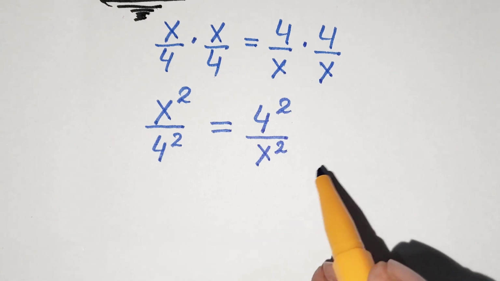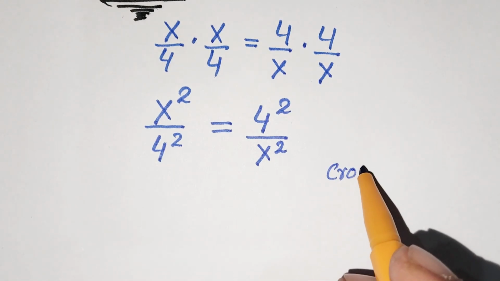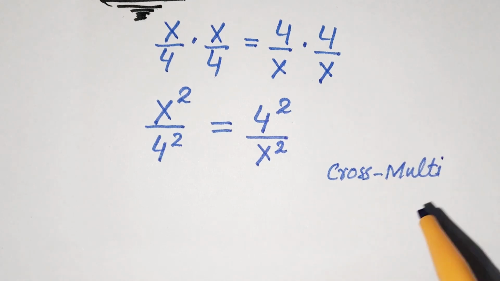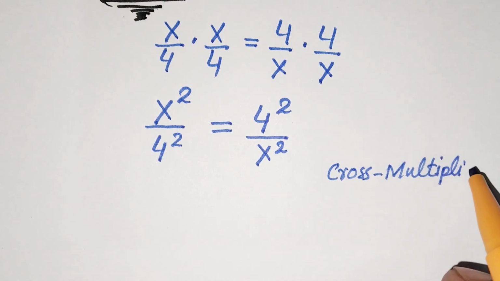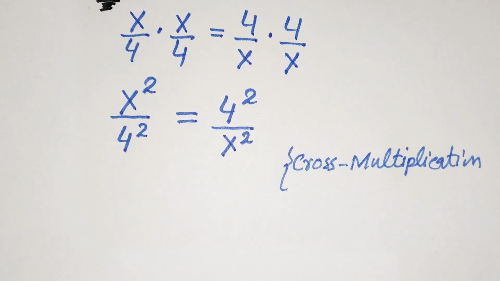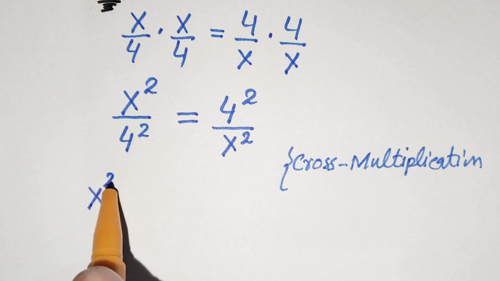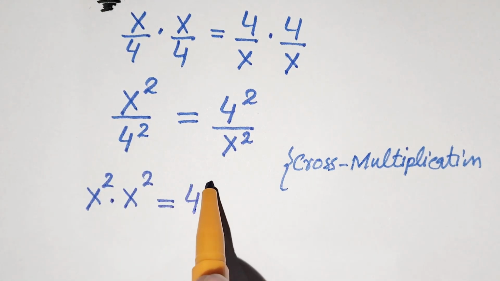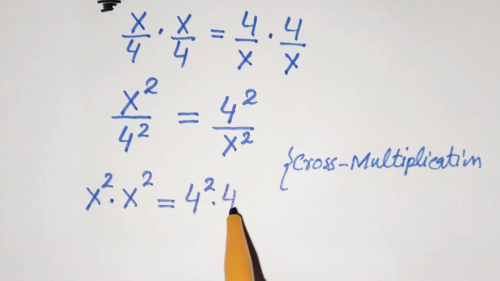So, cross multiplication. As we see, x square times x square is equal to 4 square times 4 square.